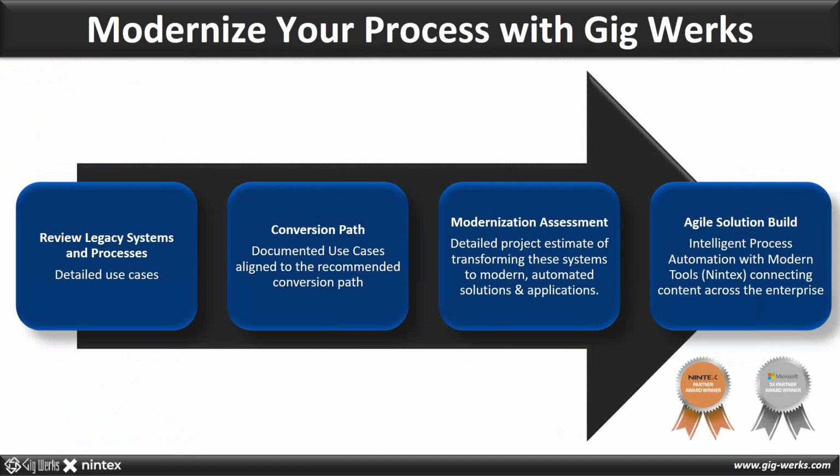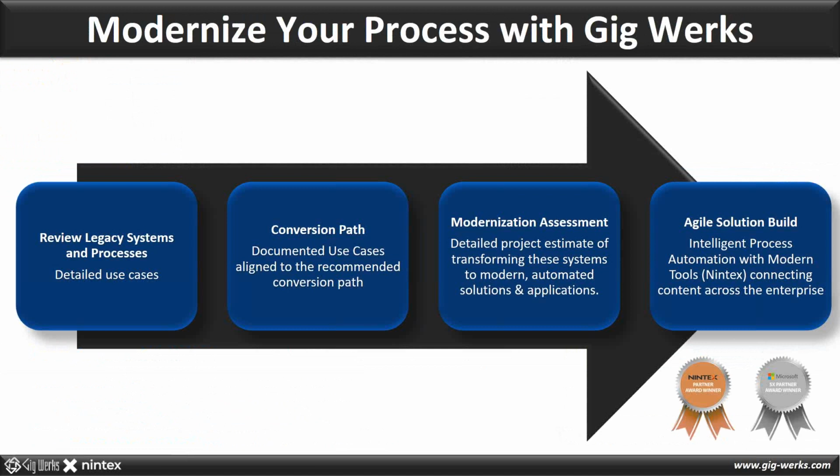So we do have sort of a next step, if you will. As we've done this for other accounts, the way we've engaged them at the head, and for those of you who are larger firms and have Microsoft planning dollars, we're registered in those programs as well, is that we would go in, and we offer this to the group today, to review what legacy systems and processes you have, get some use cases, and make recommended conversion paths.